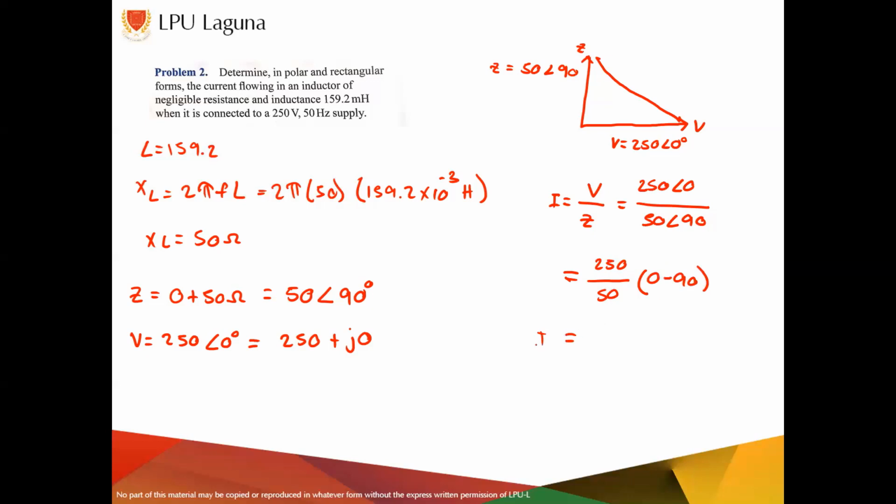So, equals to 5 bar angle negative 90 degrees. This is the value of I. Okay, so yun na yung I natin. This is the polar form. Paano natin kukunin ang rectangular form? Convert nyo na lang. Pwede nyo i-direct convert, hindi na natin susolve.